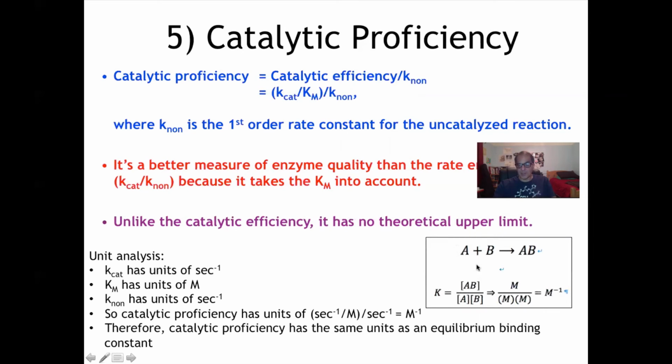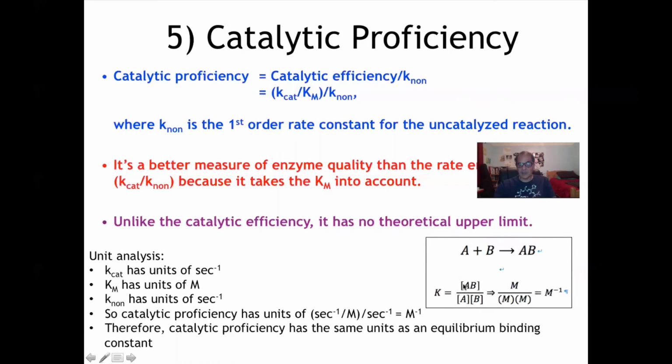Okay, and so here is a binding reaction. A plus B bind together to form the AB complex. The equilibrium constant for this reaction is sometimes called an equilibrium binding constant because it's the equilibrium constant for a binding reaction. It's the concentration of the product divided by the concentrations of the two reactants.